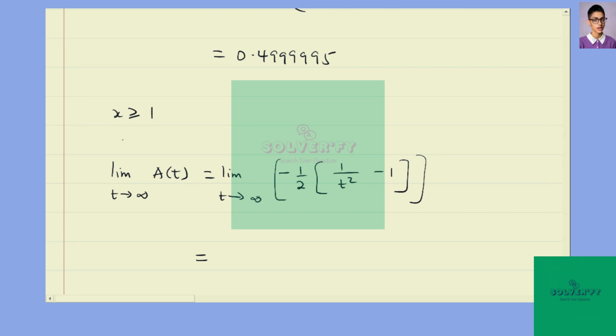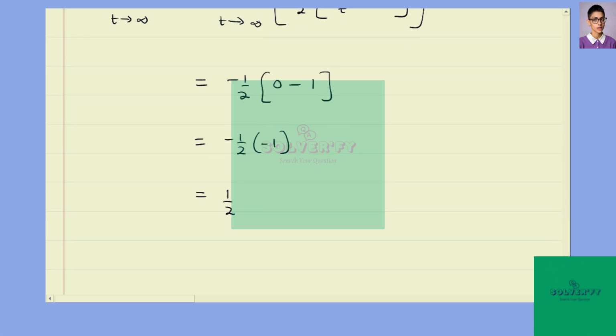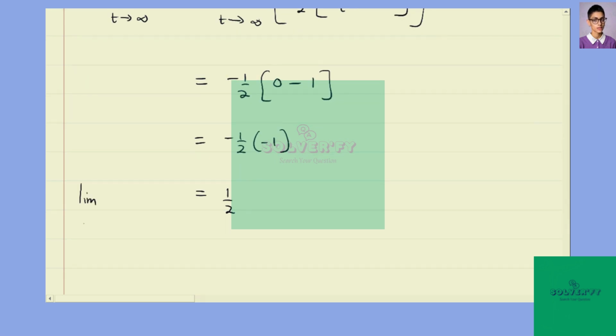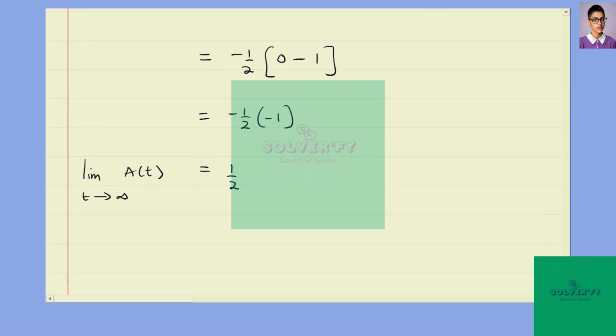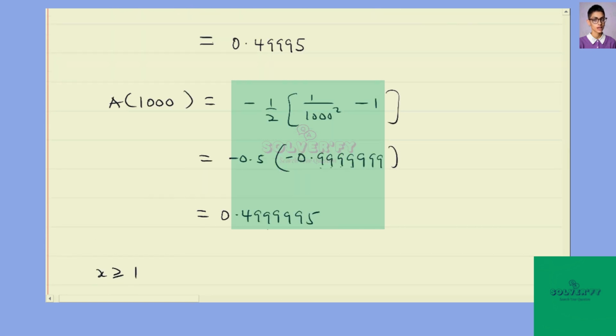So this is negative half times 0 minus 1, and that is negative half times negative 1, which gives us half or 0.5. So as t approaches a very huge number, the area becomes half. As you can see, as you increase t, the area becomes closer to half.